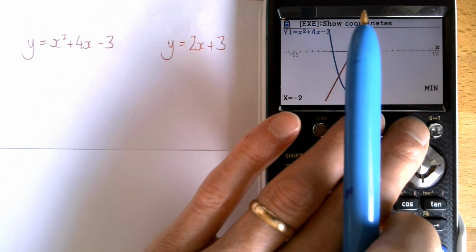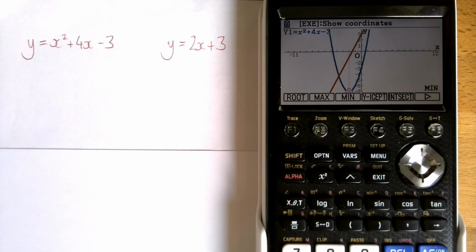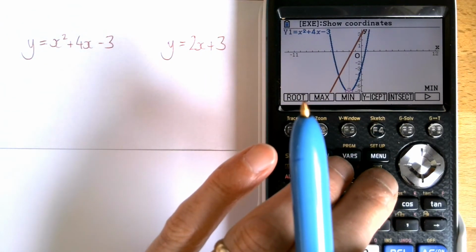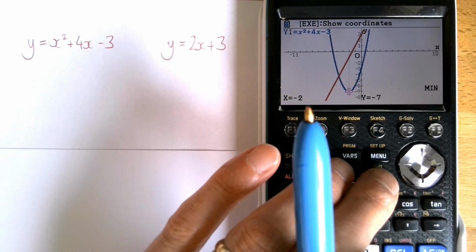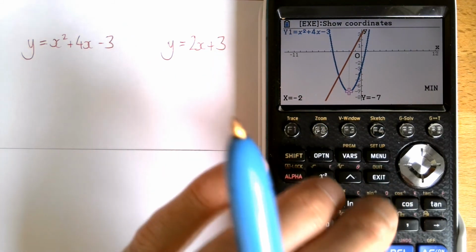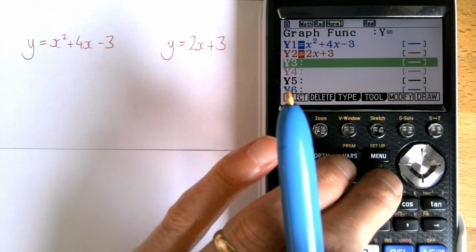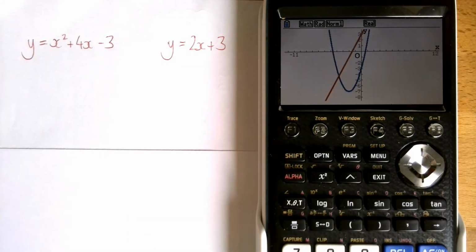Back to G-Solve. Let's say I want to work out where the two graphs intersect, so I'm going to zoom out briefly. So I think to do that I have to come out of G-Solve, so I'm going to press exit. And can I then zoom out? I think I need to press exit again. Right, I'm back there.